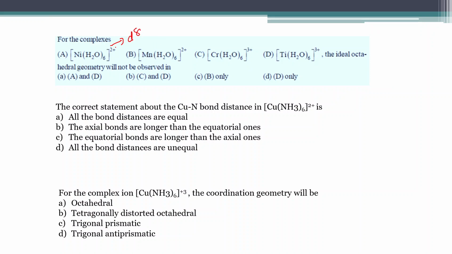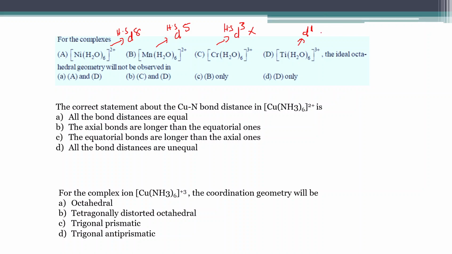We know nickel 2+ is an example of D8 configuration, Mn 2+ is D5, and Cr 3+ is D3. But we know in the spectrochemical series, H2O is a weak field ligand, so it is high spin state. These three complexes are in high spin state, and the fourth one has a D1 electronic configuration. High spin D8, D5, and D3 configurations do not show Jahn-Teller distortion because of their symmetrical arrangement, and there will be no electronic degeneracy present.